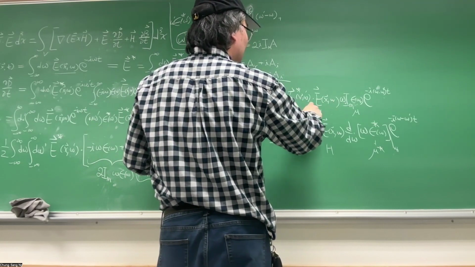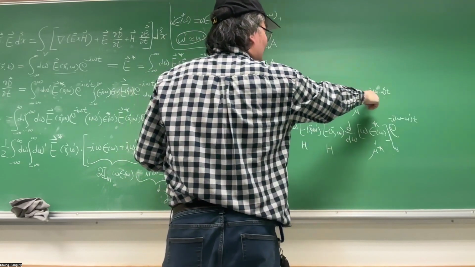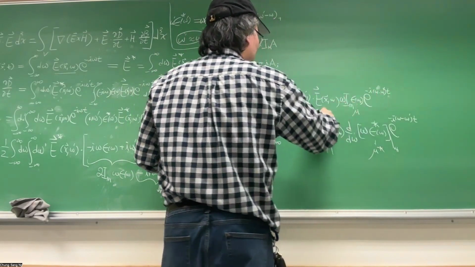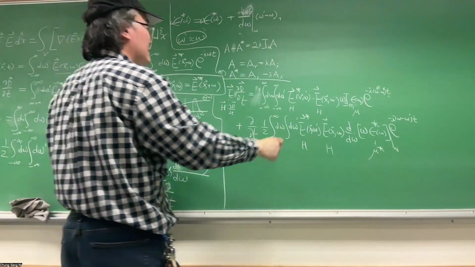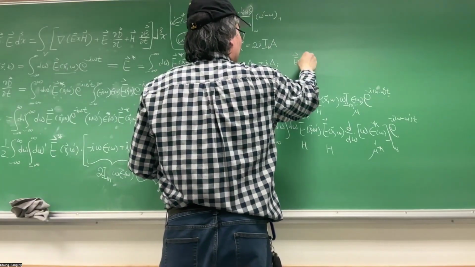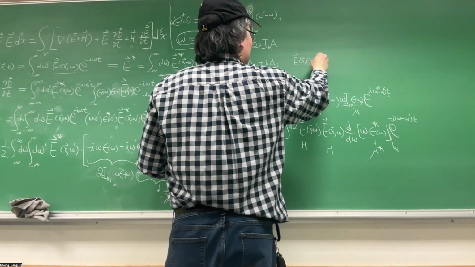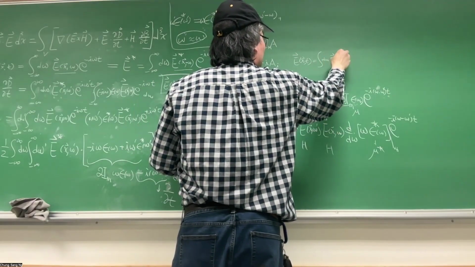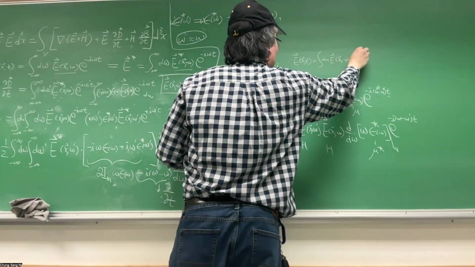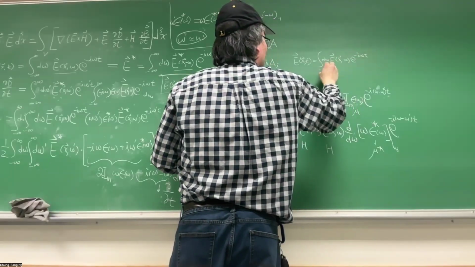So like the E omega, you use the e to the minus i omega t, d omega, that will give you back the E x t. Remember that it's E(x,t), it's just E omega times e to the minus i omega t.